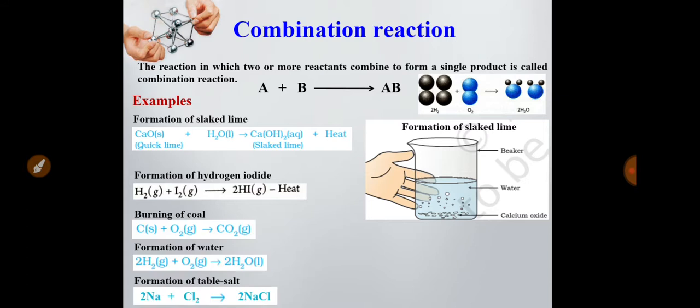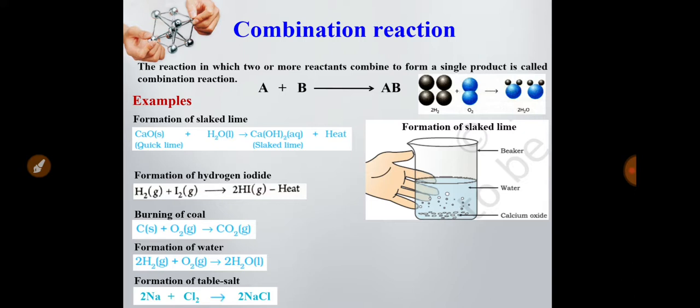And the third example, and some more examples, is burning of coal. Here carbon reacts with oxygen to form carbon dioxide. And the next one is formation of water. I have shown in the picture that hydrogen and oxygen react with each other to form water. And the last one is the formation of table salt, which is also a common example.